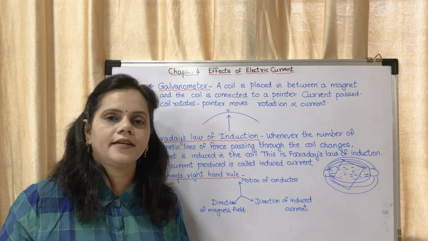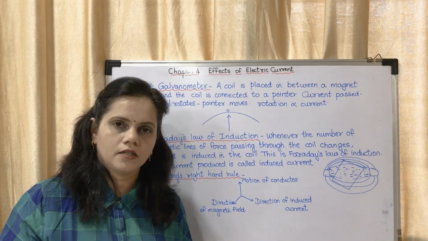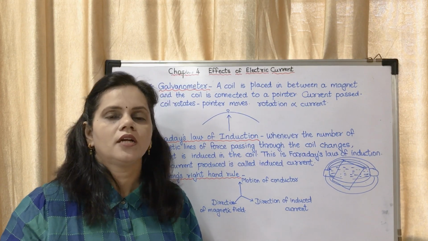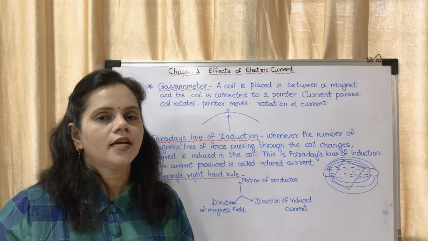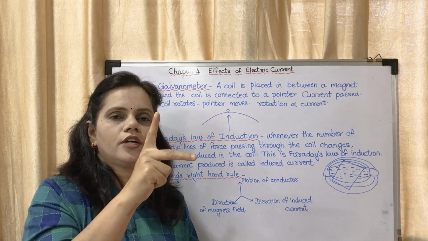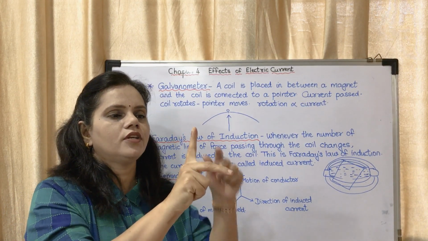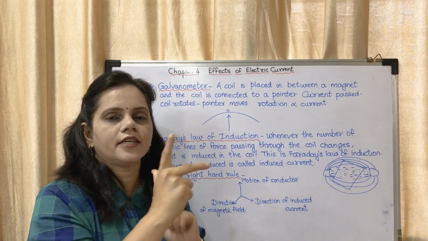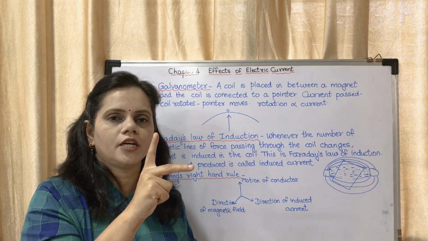The generator works on Fleming's right hand rule. Now what is Fleming's right hand rule? It is similar to Fleming's left hand rule. You have to hold your right hand with your index finger, your central finger and your thumb mutually perpendicular to each other.